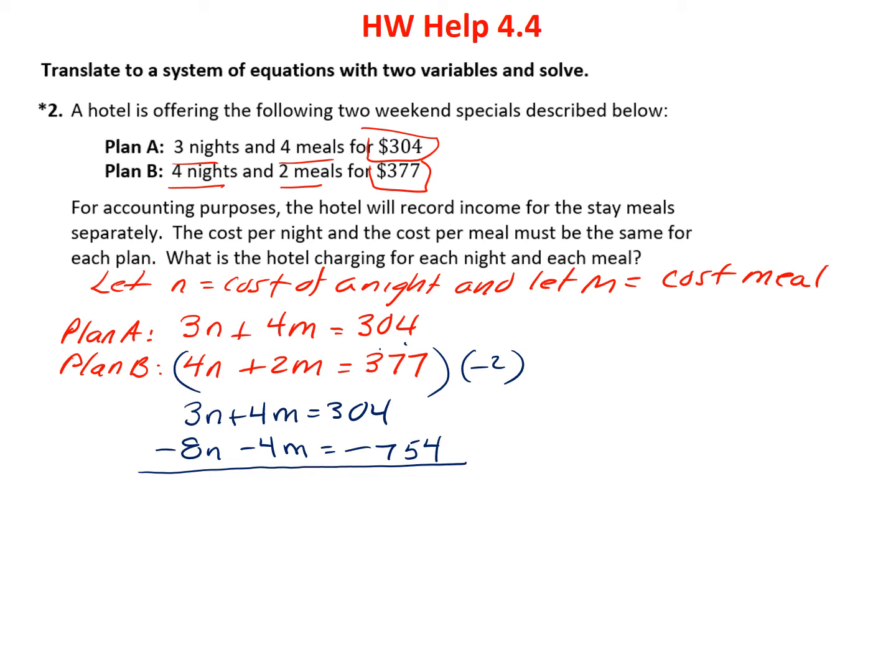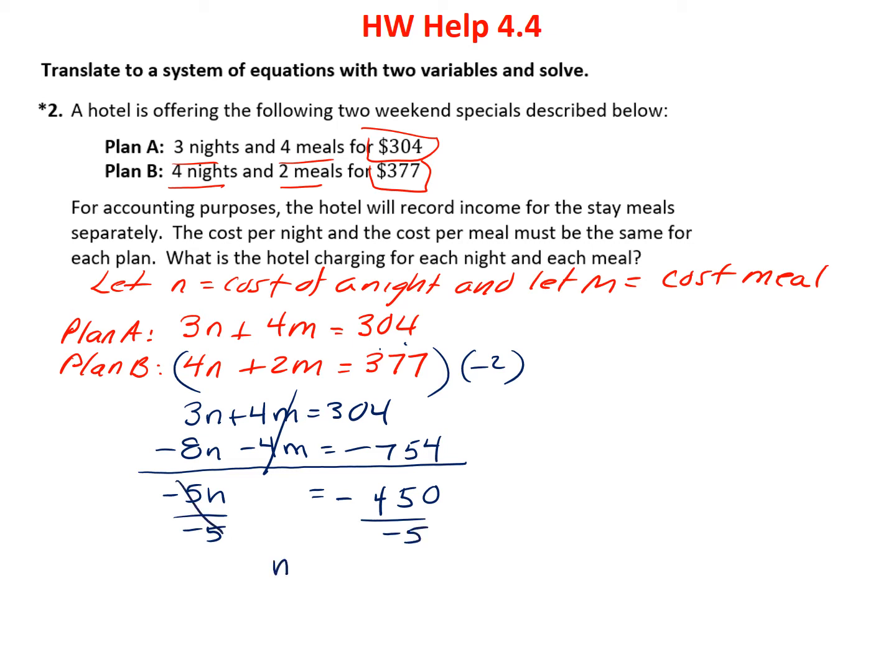And now we just add them together. 3 plus minus 8 is going to be negative 5n. The m is eliminated, as we wanted it to be. And then we have negative 450. Okay? So now let's solve by undoing the multiply by negative 5 by dividing by negative 5.